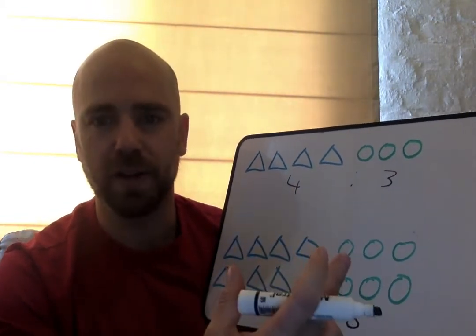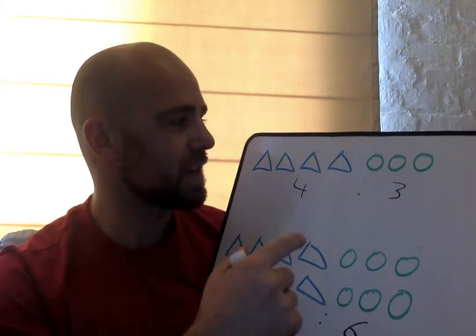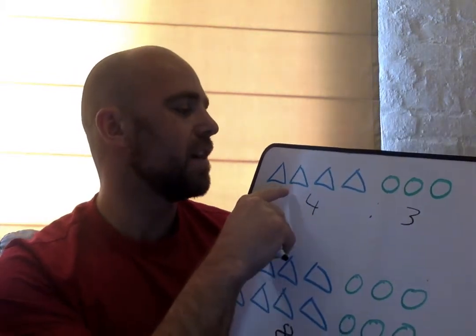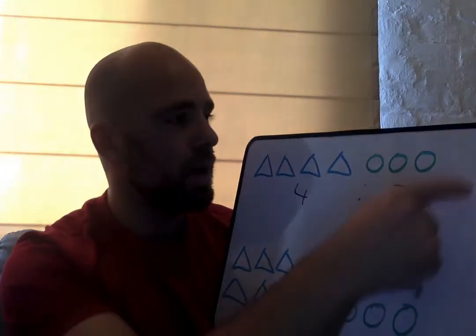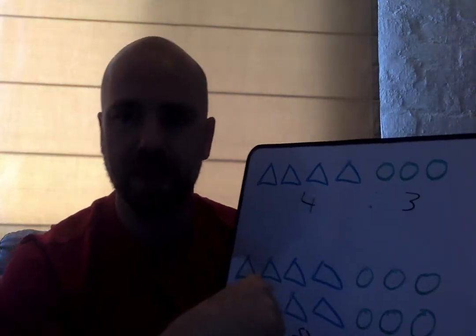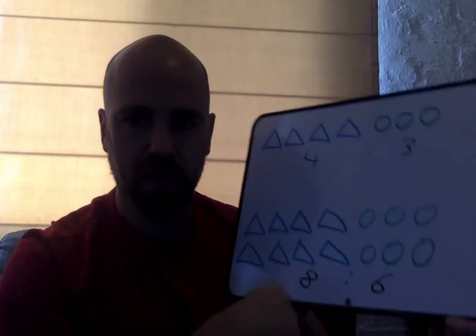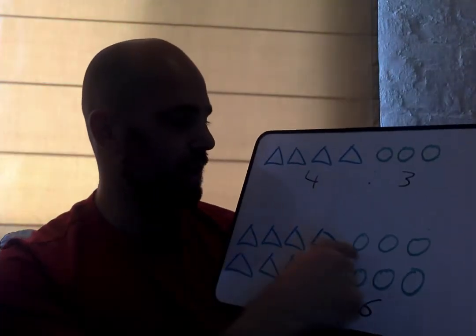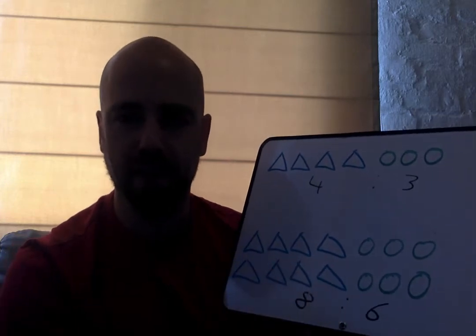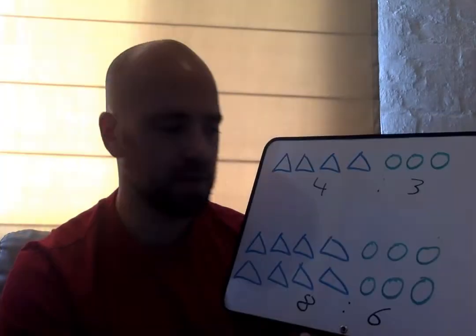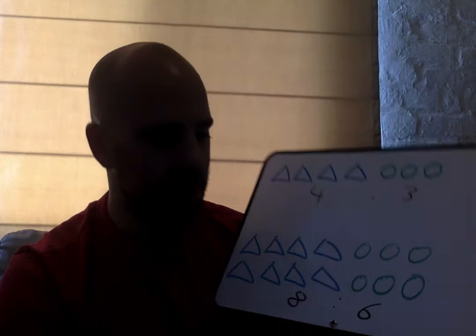Why is it equivalent? Well, they have the same value. Basically, what we're saying is for every 4 triangles, we are going to have 3 circles. So if I look down here, I have 4 triangles, 3 circles, 4 triangles, 3 circles. If I continued this pattern, if I had 12 triangles, then I would have 9 circles.